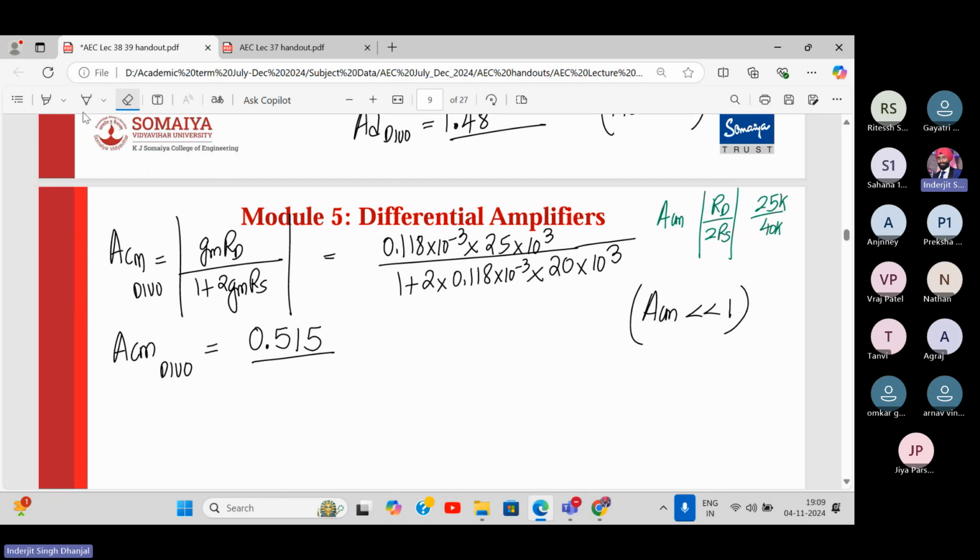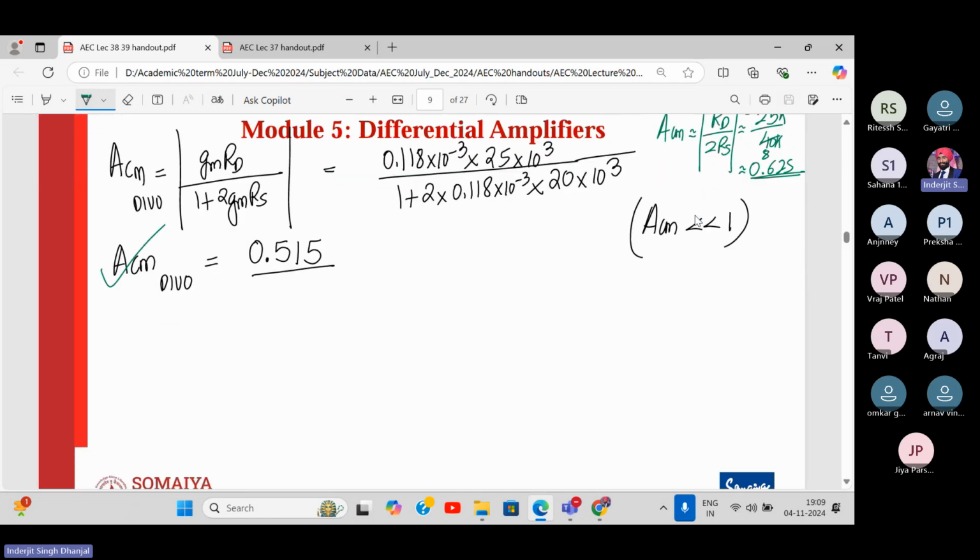What is 25 upon 40? It is 0.625. So always use the exact formula, not this. This will be erroneous. This is an approximate result, which is not always correct. So always use this exact formula.